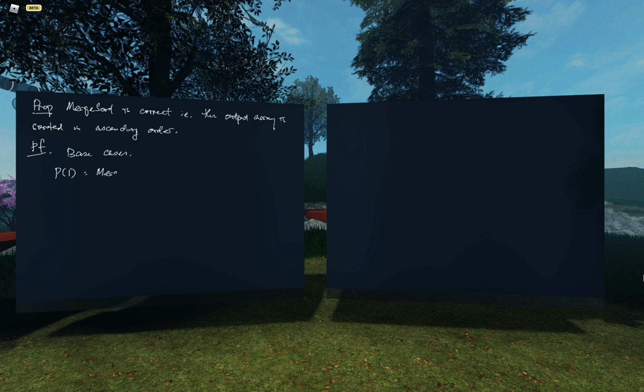We're going to do induction on the size of the input array, and the size of the array is just the number of elements that it contains. So merge sort is correct on arrays of size 1.